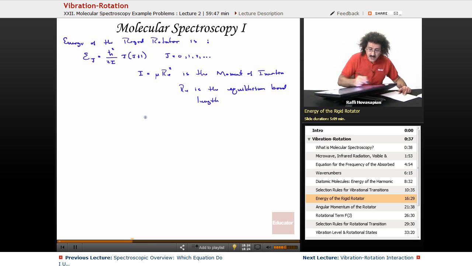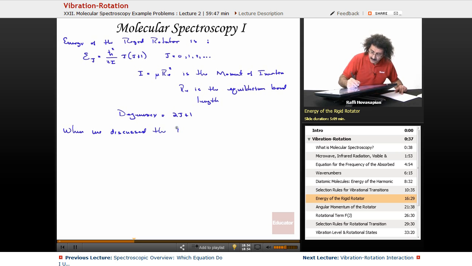Now, this gives the energy of the rotational state. The degeneracy of each level, in other words the number of levels that actually have this energy, is equal to 2J plus 1. Okay. Now, when we discussed the rigid rotator earlier, I don't think I explained why this degeneracy exists.